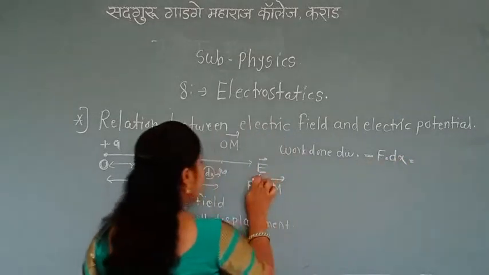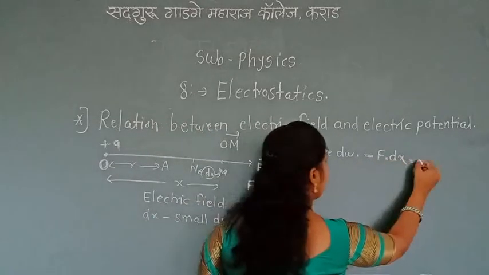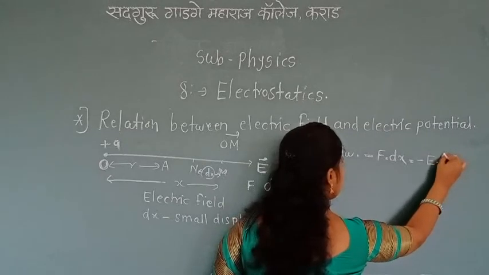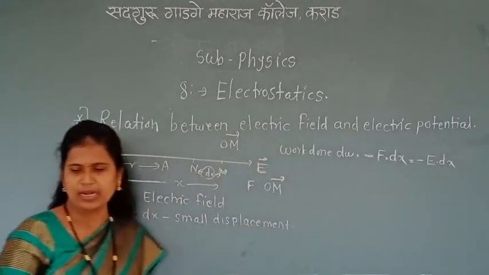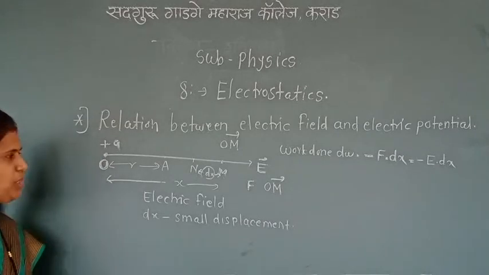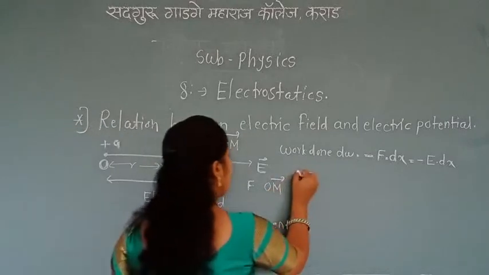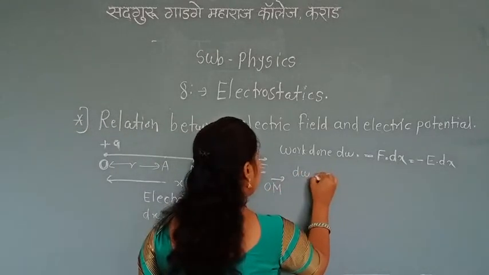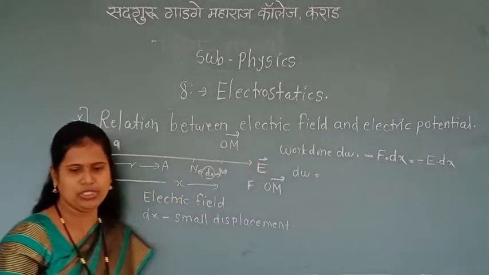Also, here the electric field is produced, so instead of F we can write E dx. Now the work done on the unit positive charge, that is dW, is the electric potential.